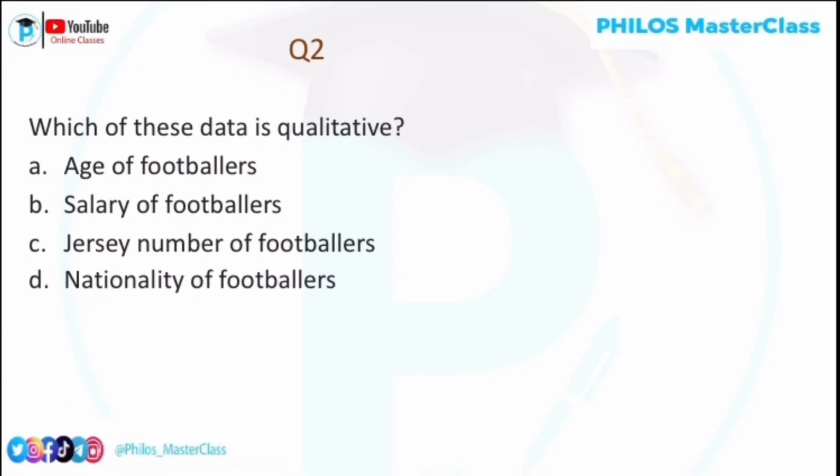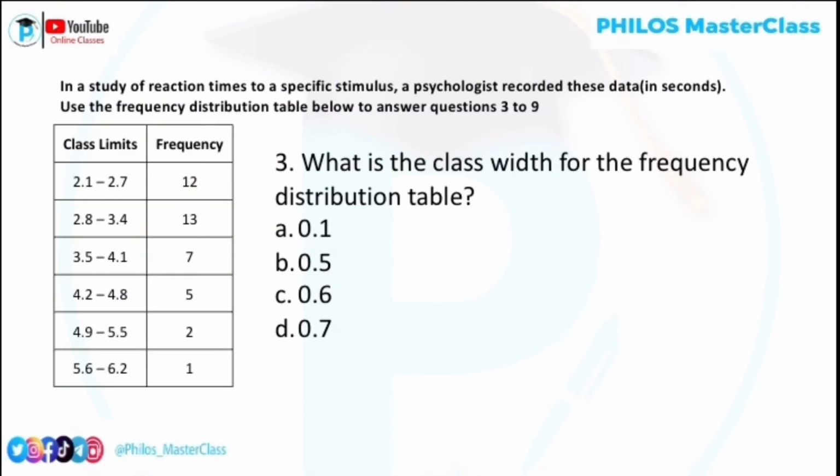Some are Ghanaians, some are Ivorians, some are Cameroonians, and the likes. You see that their nationality is not in numeral, but rather in a particular quality. Hence, the nationality of footballers is a qualitative data. So, the correct answer to question 2 is option D, nationality of footballers. So, let's proceed to the next question.